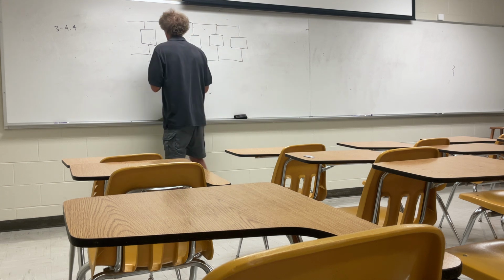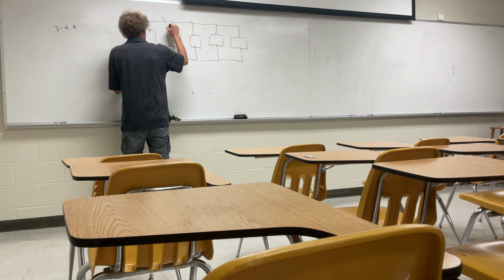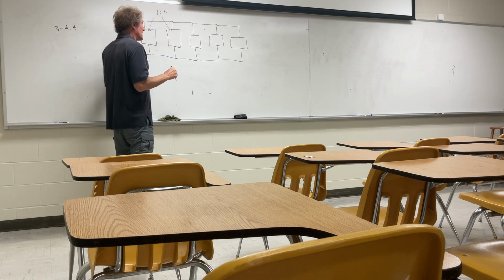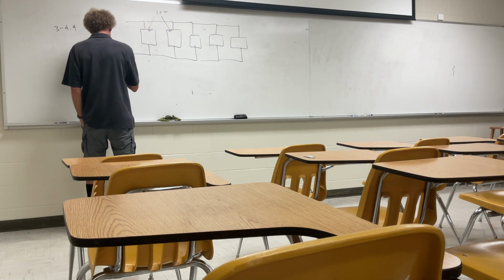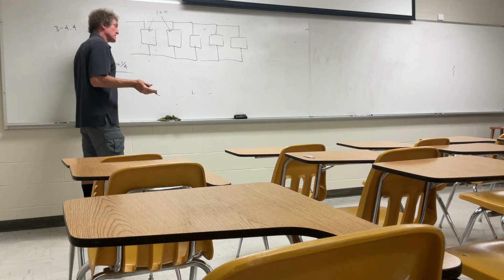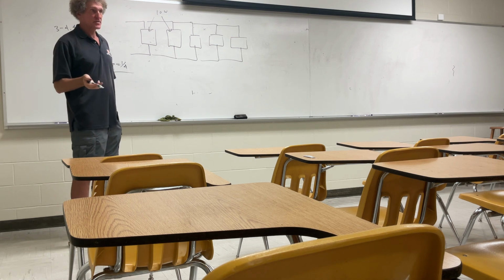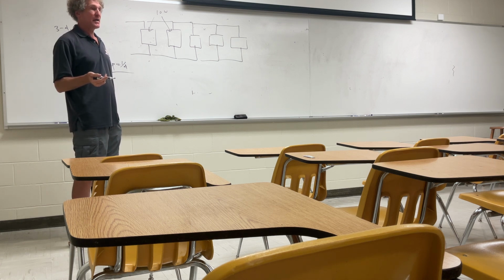And when they're on, they all consume 10 watts. So all these things consume 10 watts when on, and all of them have a probability of being on of 1/4. So 75% of the time, they're not on. You all follow me, class? So what he wants is, what is the mean value of the power?